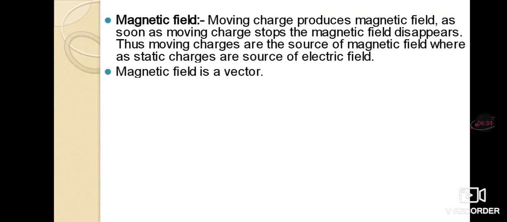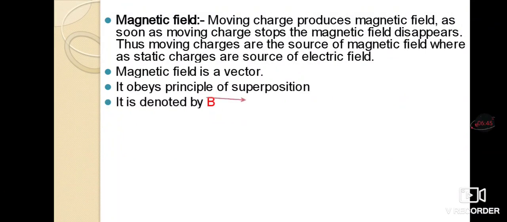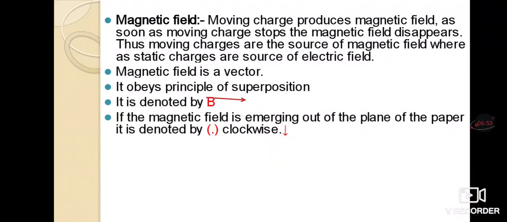Then, the magnetic field is a vector quantity. Similarly, it obeys the principle of superposition, and it is denoted by vector B. If the magnetic field is emerging out of the plane of the paper, it is denoted by a dot, that is, a clockwise direction.